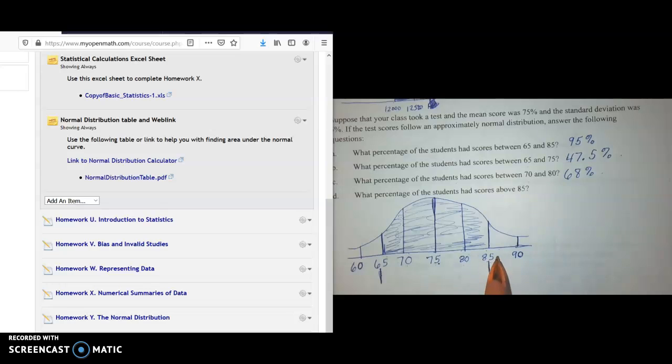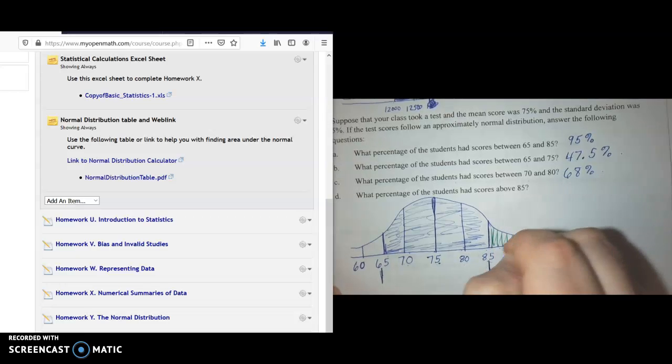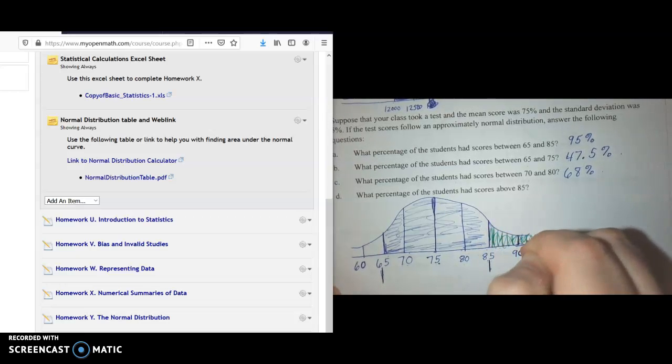And now I want to know how many students scored above 85. I'll do this in a different color. That's going to be how many data values are in this green part here.